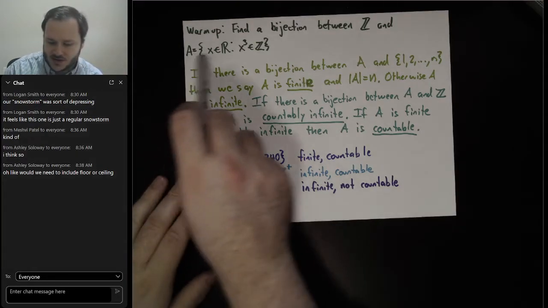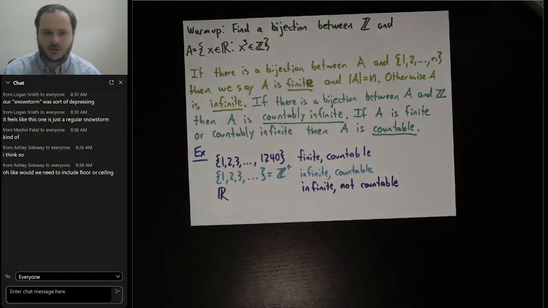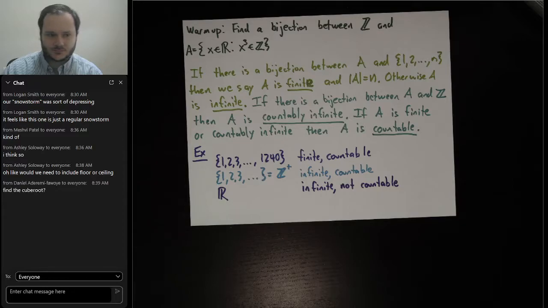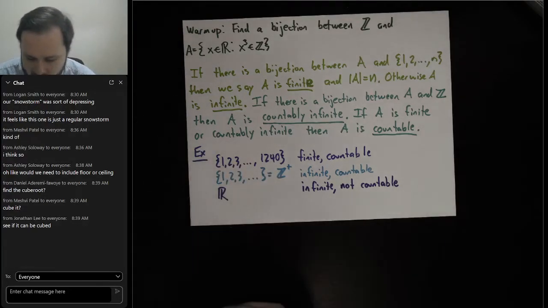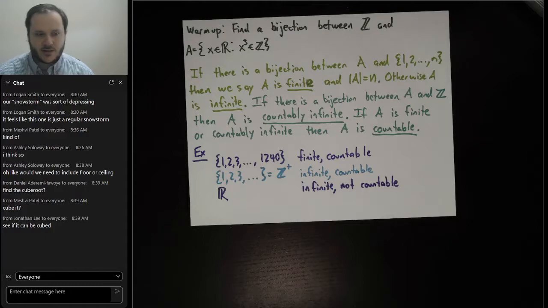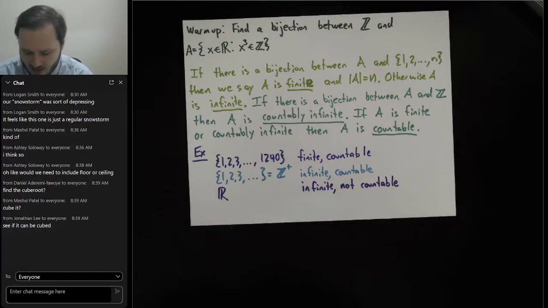What do I know about this set of numbers? What's their special property? If I give you a random element of A, what's your first thought to do with it? Find the cube root, right idea, cube it. Yeah, right? Every element of A can be cubed. So what are some elements of A?